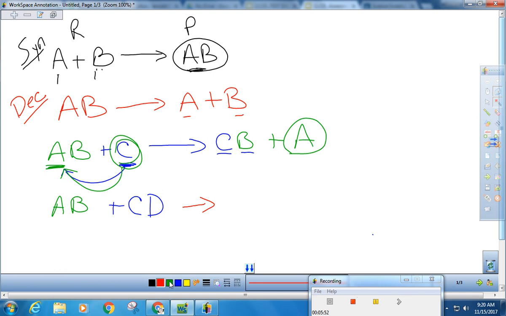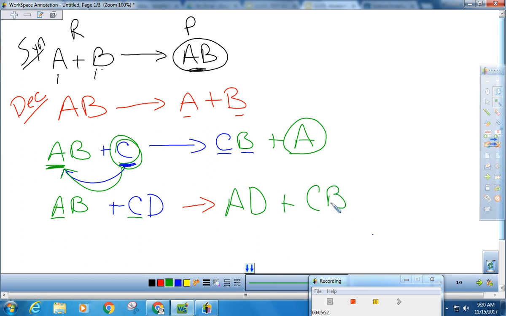You are close. It's going to be AB plus CD. Again, we are just going to have our first element swapping places. So A is going to swap with C, and it's going to form AD. And then C is going to swap with A, so it's going to be CB.